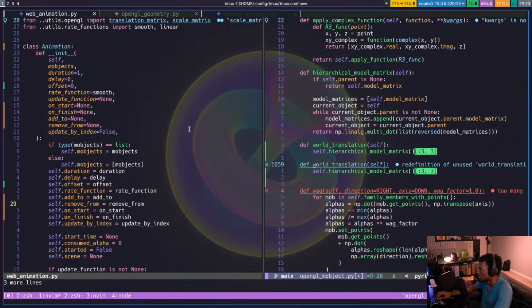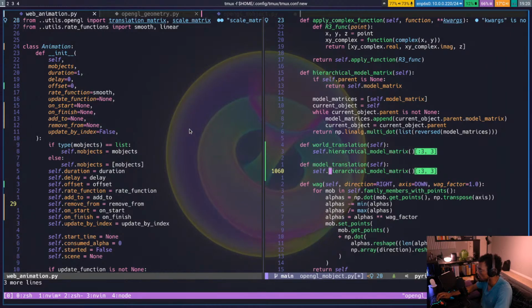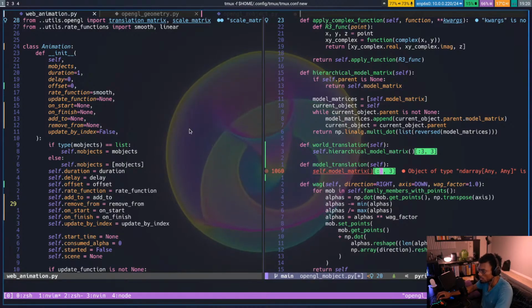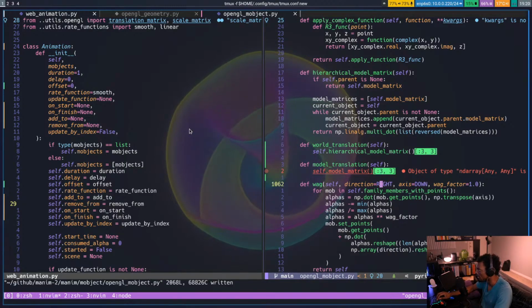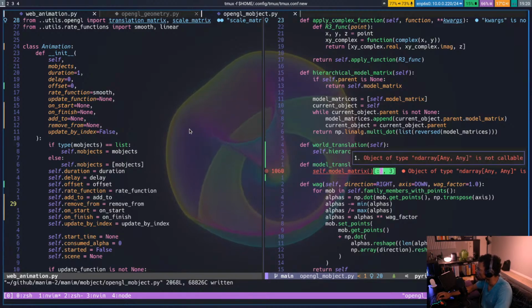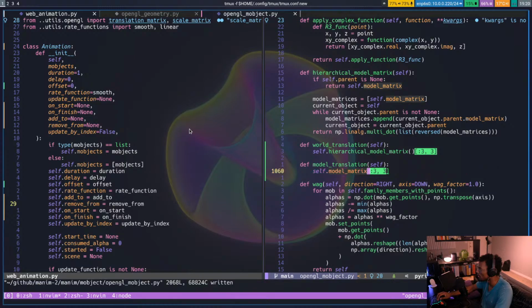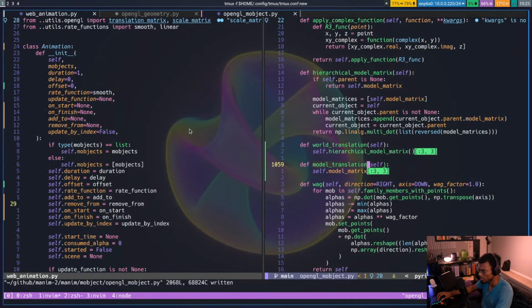I'll just write one's called model translation. And do self.model matrix at this. And it does not like that very much. Oh, yeah, it's not a function. Model translation. Great, because I end up doing that quite a lot.